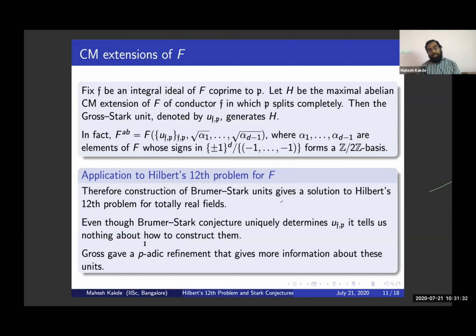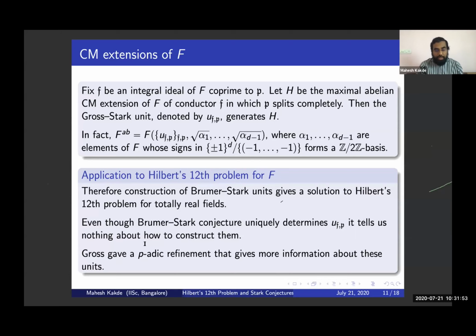Now we know that they exist, but we don't know how to construct one. If I give you 𝔣 and p, then I can tell you that this u_{𝔣,p} exists. But the Brumer-Stark conjecture doesn't tell me how to construct this u, so it doesn't give me a formula for it.